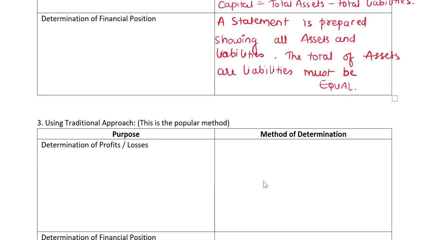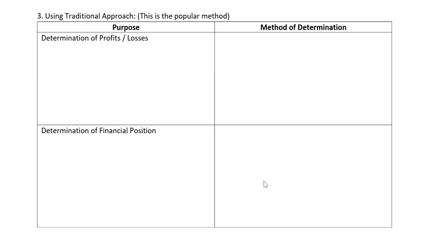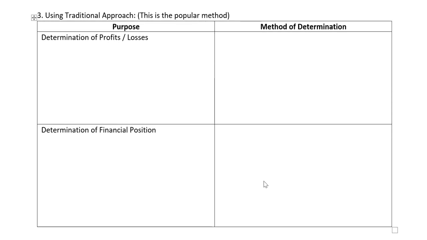Let's move ahead with our other approach, and that is the traditional approach. This is a very popular method. How will we determine the profits and losses under this method? We will prepare two accounts.